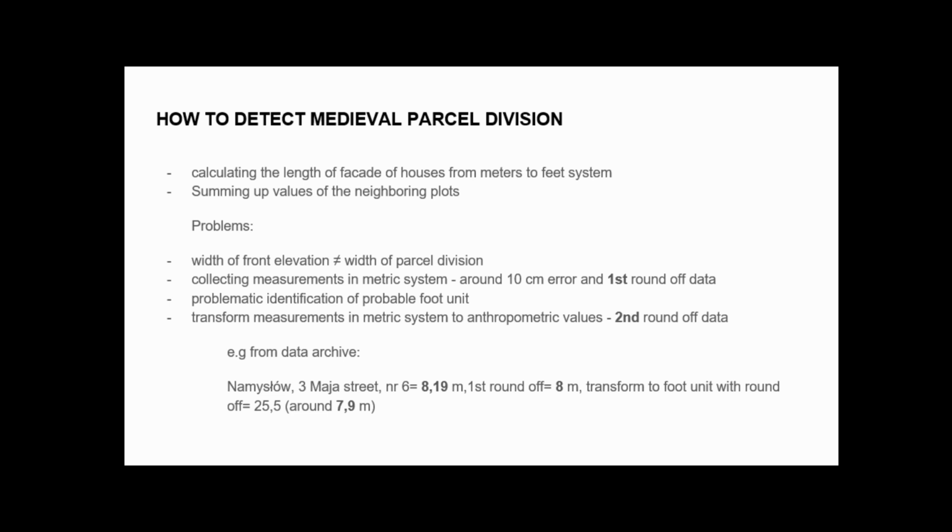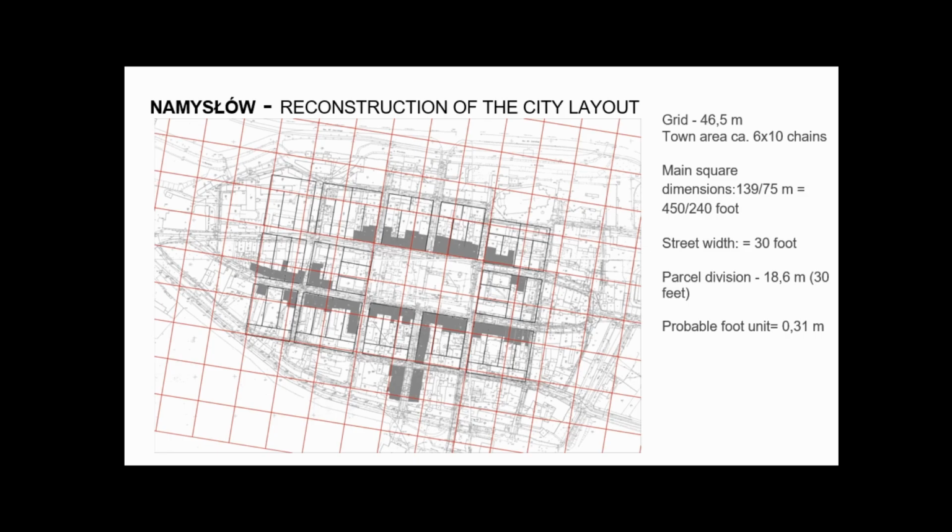What is also important is that the width of the front elevations is not the same as the width of the parcel division. So I'll just skip ahead to show you that here, for example, you can see the grid in red color, but the parcel division is not exactly sharing the grid; the division was just inside the parcel.